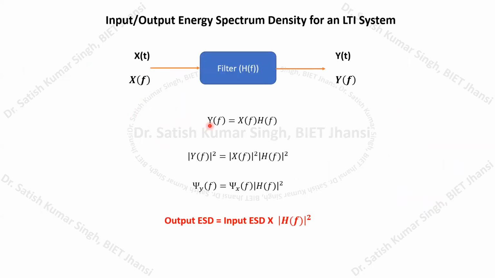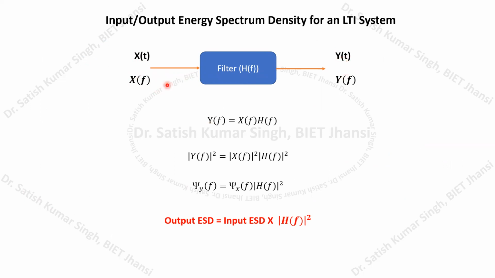Similarly, instead of knowing the Fourier transform, suppose we have an input signal x(t), and we know its spectral density. This signal is passed through a filter H(f), and let us say y(t) is the output signal, with Y(f) denoting its Fourier transform.